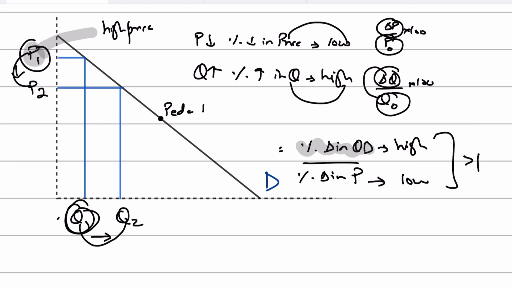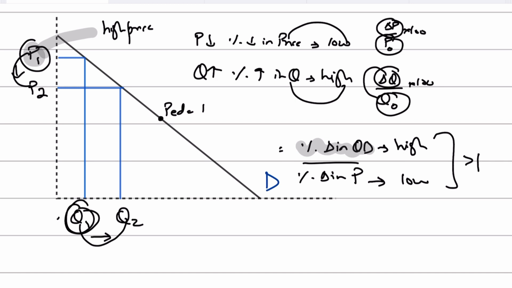The coefficient would be greater than 1, because we are dividing a larger percentage change in quantity by a smaller percentage change in price.